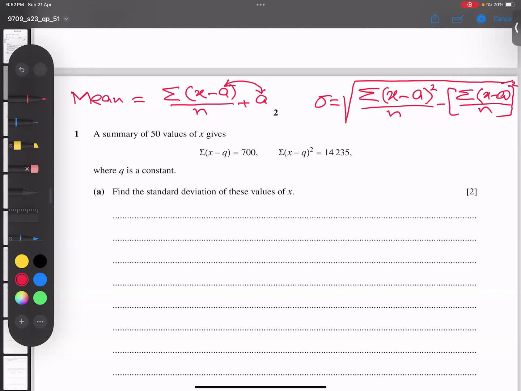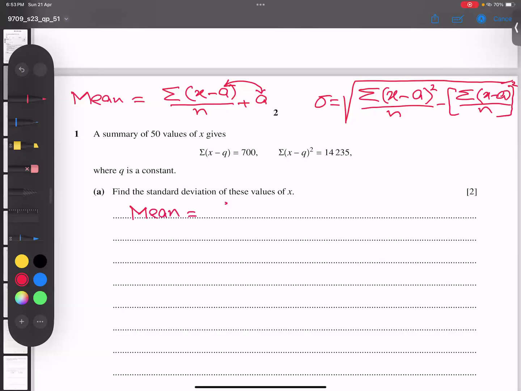So let's try to do it. According to the situation, he said that there are 50 values, so n is 50. This is given by him, and we can understand. I said this variable and this will always be the same. So this is a q. I am writing the mean formula first of all.